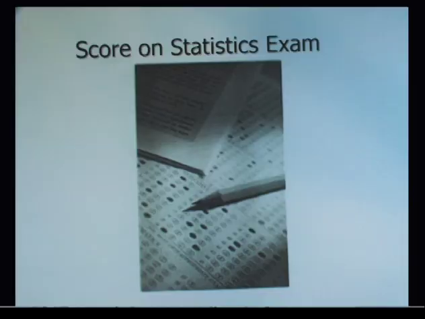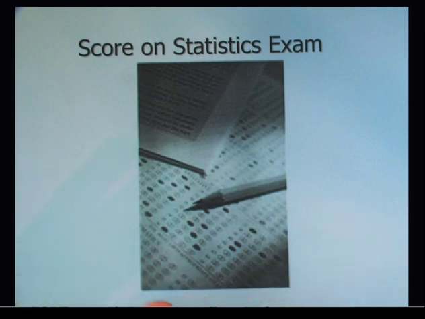So does zero mean absence of something? On this exam, if you score 0, that means you did not get any correct. It represents a true 0. So one more thing you want to think about is, does a ratio make sense? If you score 100 and someone else scores 50, does that mean you scored twice as well as that person, or you got twice as many right as the person who got 50? Yes, it does. It works. The ratio makes sense. So this is a ratio variable.